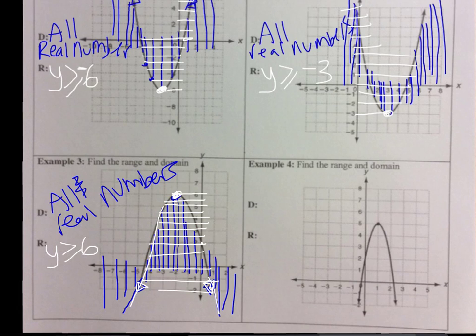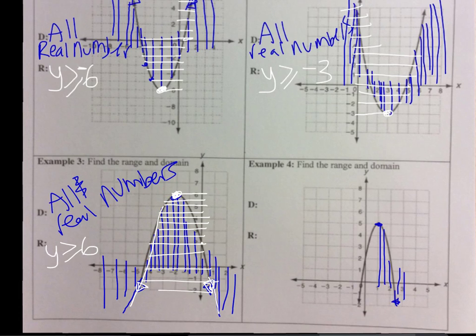I encourage you to pause the video, try example 4, and then compare it with my answer. Alright, so example 4. Your domain, again, is all the x values that go into the quadratic function. If we start at the vertex here and go to the right side, we're going to include all of these x values.